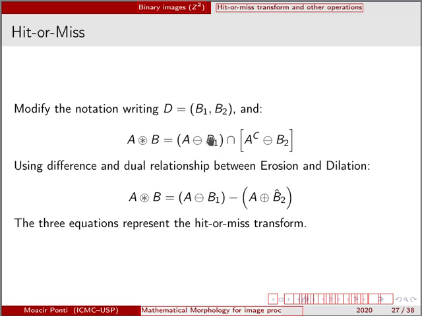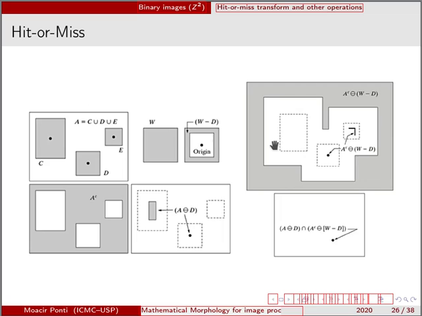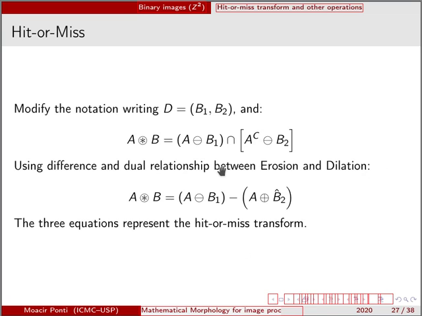Then we can erode A with B1 and intersect with B2, in which B2 is the actual W minus D. Using the difference and the dual relationship between erosion and dilation, we can also apply the erosion with B1 and take the difference with A dilated by the reflected version of B2. Those three equations represent the hit or miss transform.